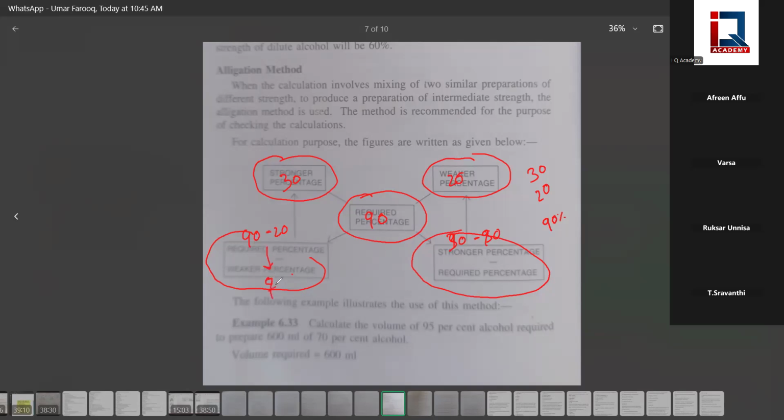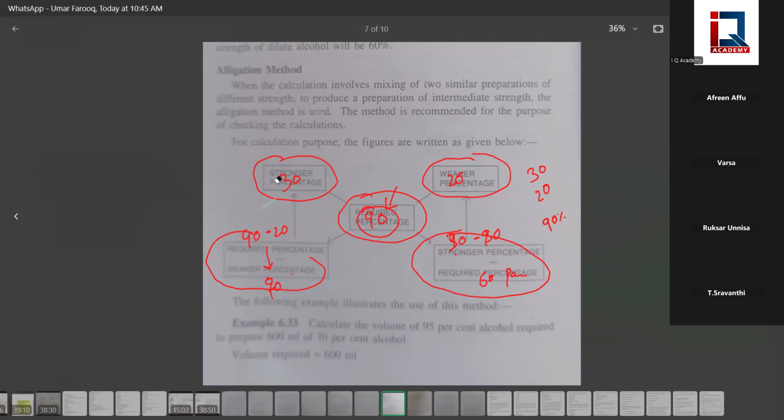And the other, 90 minus 30, means 60 parts should be taken. 60 parts of 20% alcohol and 70 parts of 30% alcohol will give me the 90% alcohol.